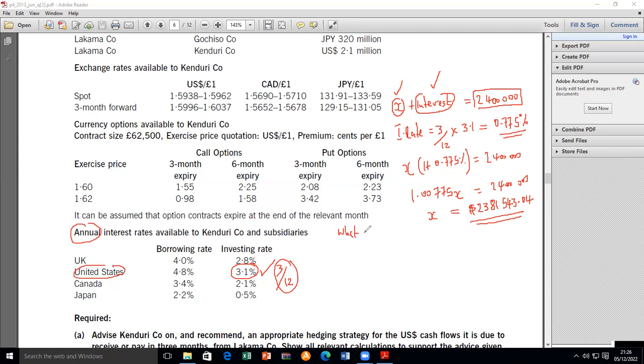Now, what is the cost of that money? What's the cost today? Let's go. The banks today, this is what they're quoting you.